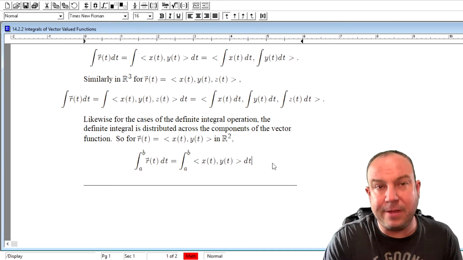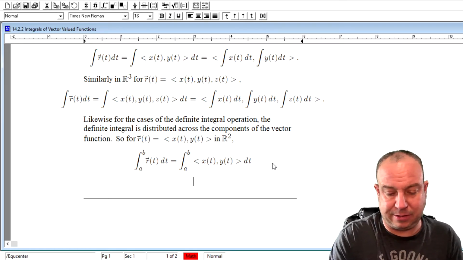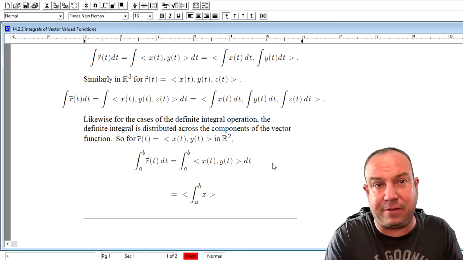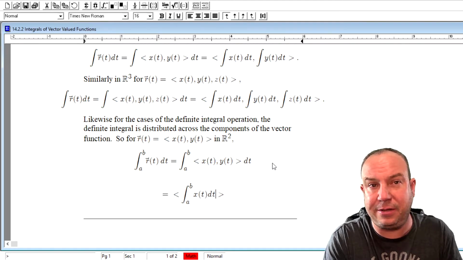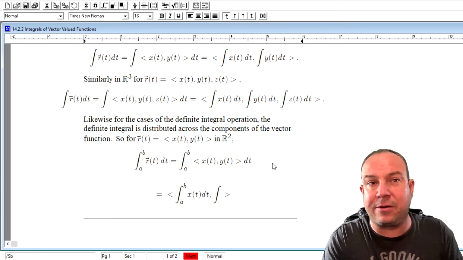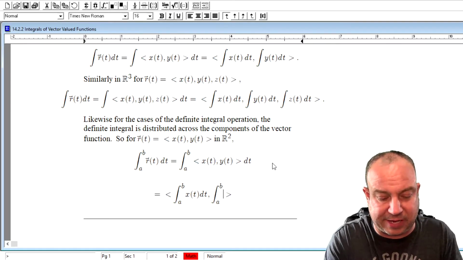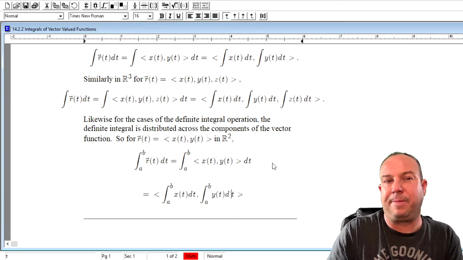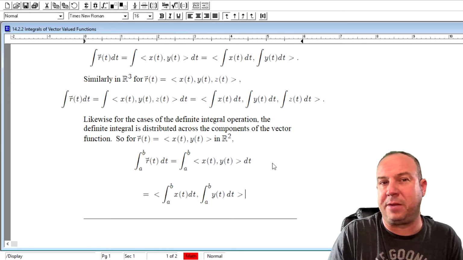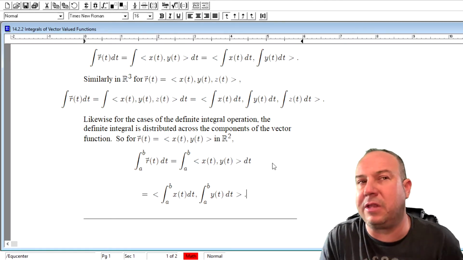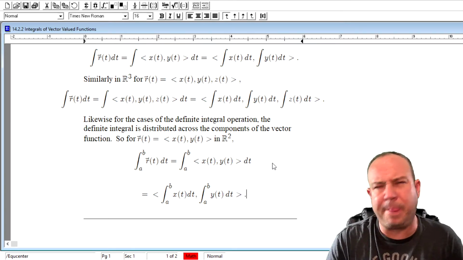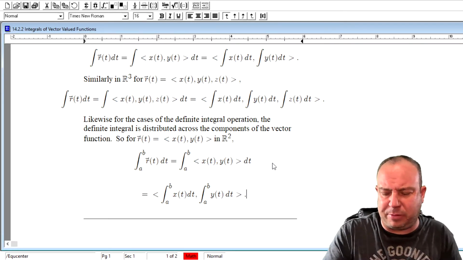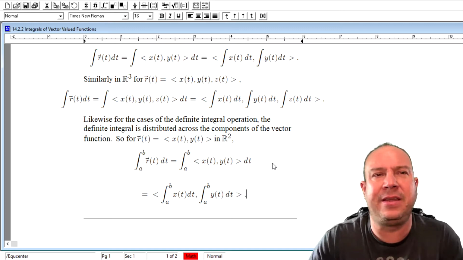I'm going to distribute that integral operator from a to b to the scalar valued function x of t dt. And I'm going to distribute that integral operator to the second component, the scalar valued function y of t, and integrate it definitely with respect to t over that interval from a to b. Right? That would be the similar result we would see in the case for a definite integral. Let's put that in there just so that it's clear for everybody, and give us a little bit of play on notation and flow and nature of approach.